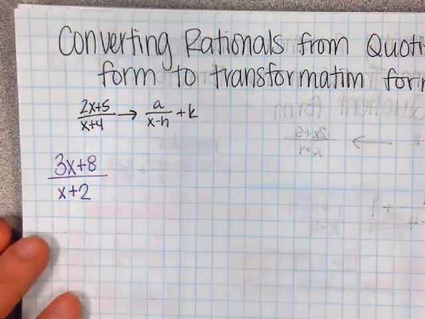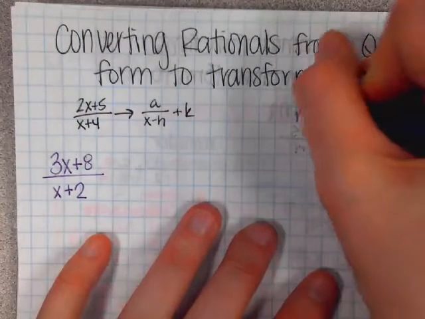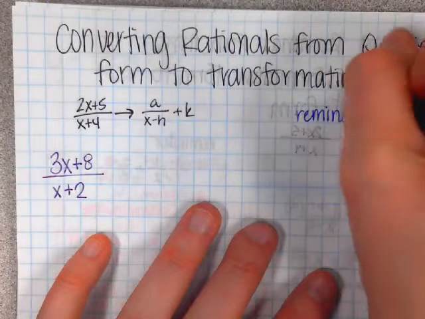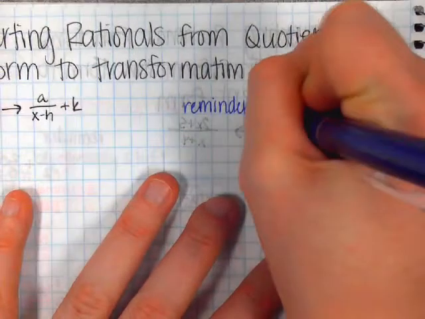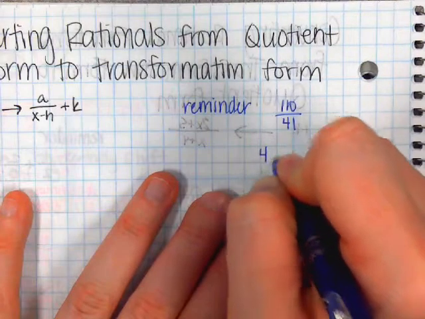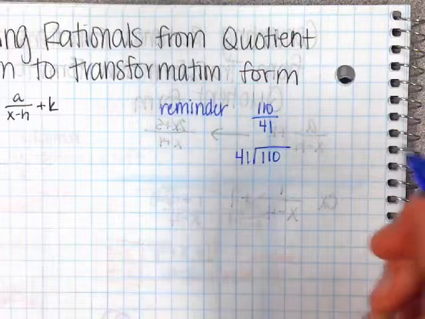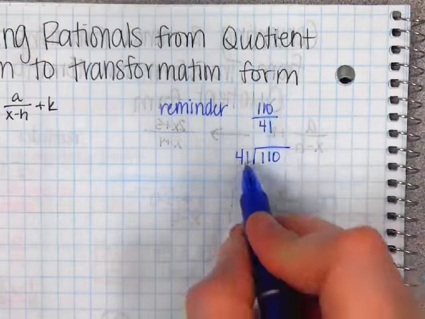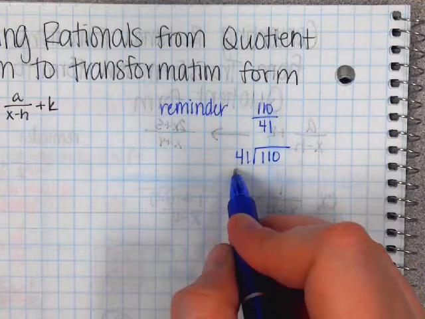So let me just remind you of division real quick. Just like I did on the last one, if I have 110 divided by 41, well, 41 times 1 would just be 41.